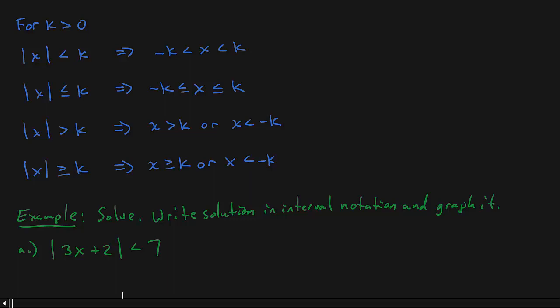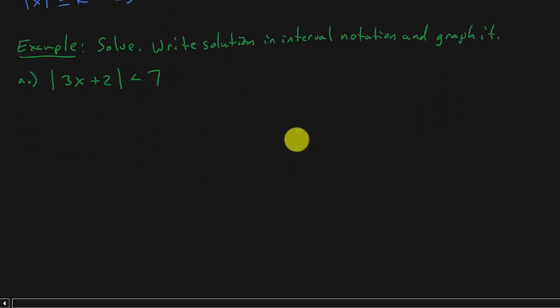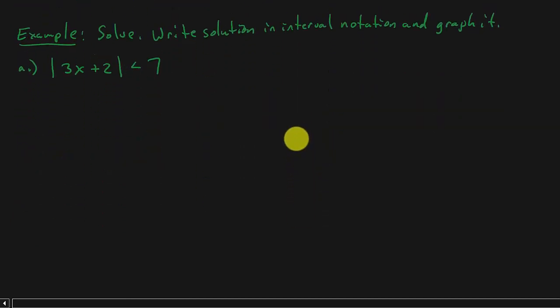Let's look at an example. It says solve, write the solution in interval notation, and graph it. So I've got the absolute value of 3x plus 2 is less than 7.